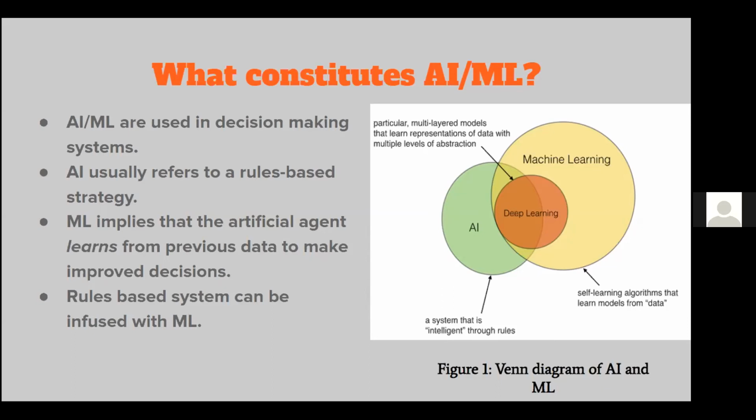But there is a key distinction. You can see that there is an overlap between those two fields, but AI refers to a family of problems which are rule-based in nature. If you recall from my previous lesson, I said that obstacle avoidance is a rule-based algorithm.